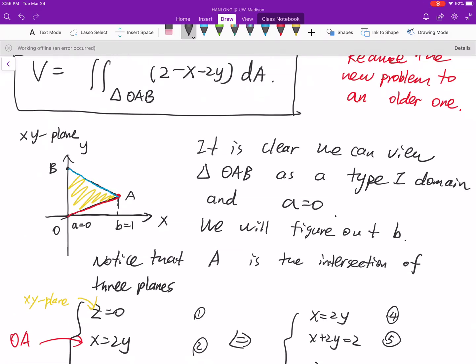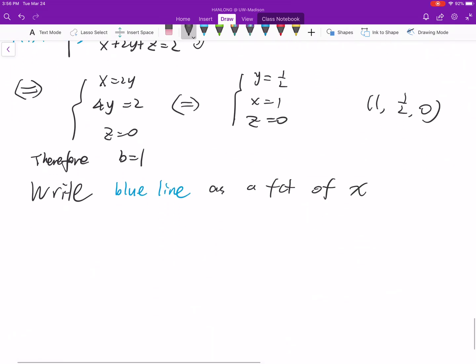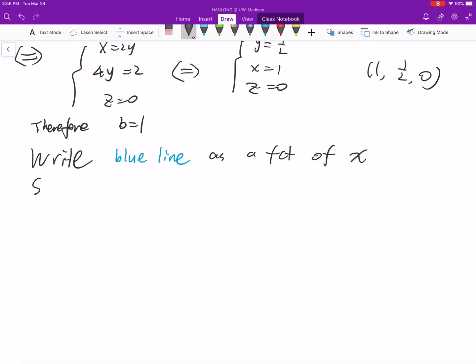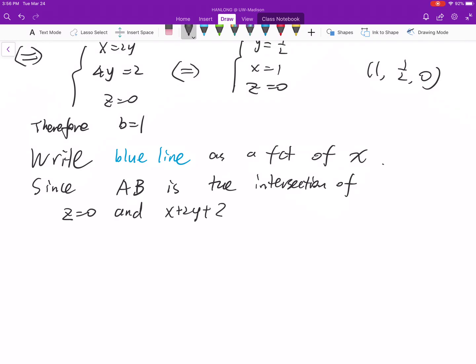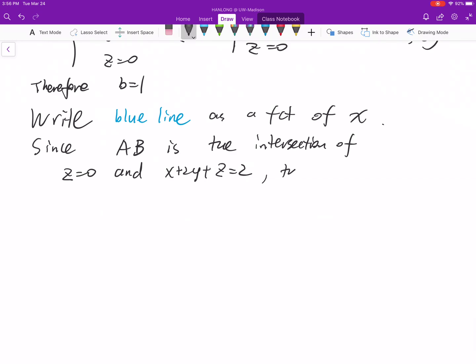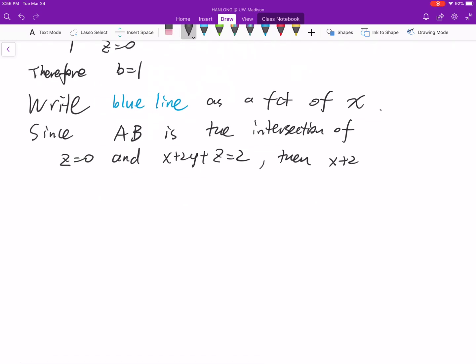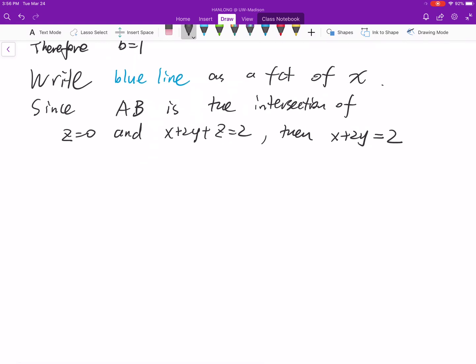How do you do that? Since AB is the intersection of z equals 0 and x plus 2y plus z equals 2, you just plug it in. We don't need the z coordinate anymore, so we just drop it.